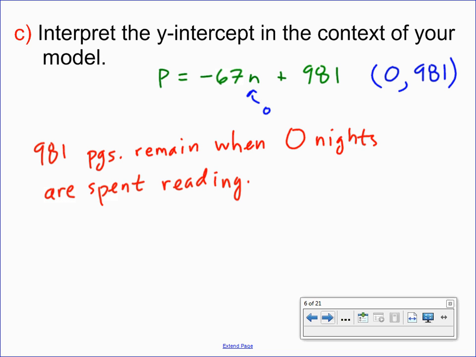What questions do you have about our y-intercept interpretation? Above all, our y-intercept is the value of the y quantity when the x quantity is 0. In this case, the number of pages in the book when 0 nights are spent reading.